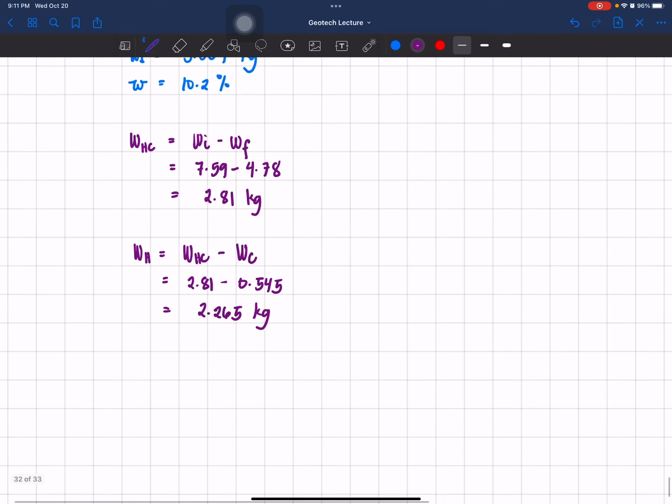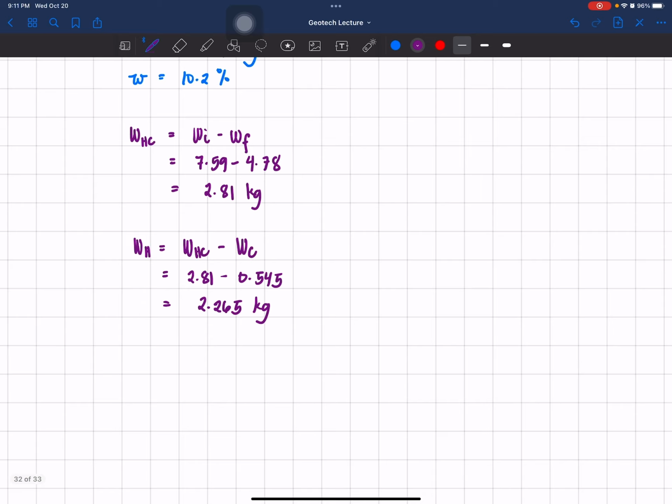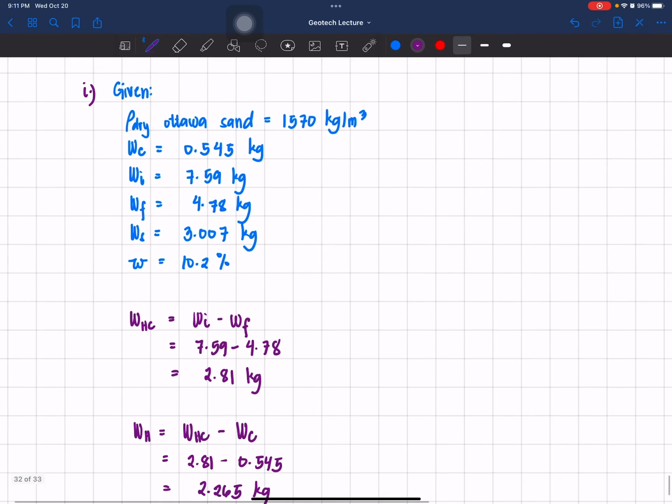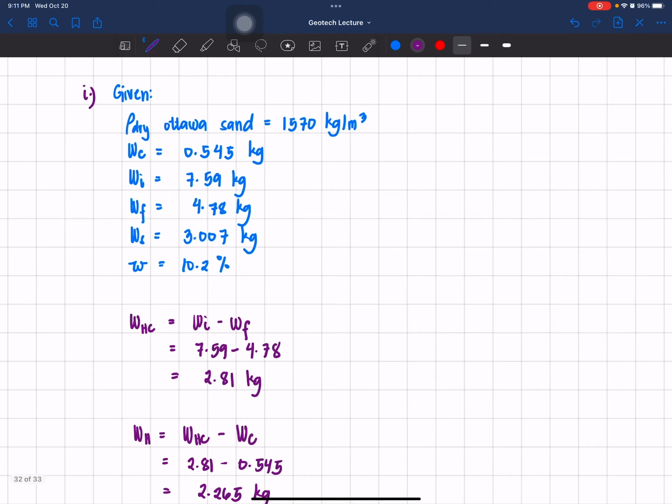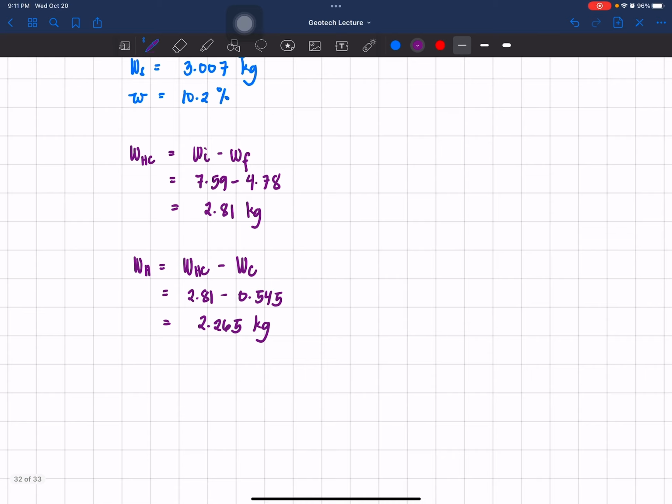So, what will now be the volume of the hole? We can use the dry density of the Ottawa sand, since it was given. It's calibrated. So, the dry density of the sand is equal to mass over volume.